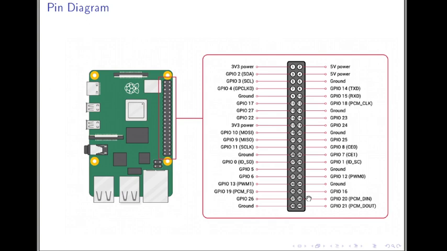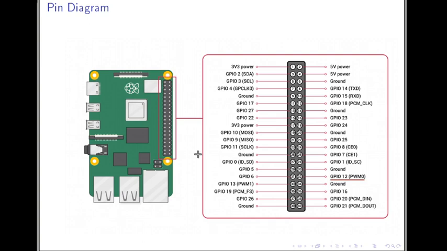And this is the pin diagram of Raspberry Pi. We can see we have 40 pins, and all the important pins that we have seen on the Arduino board, like the PWM pin, pulse width modulation pin.